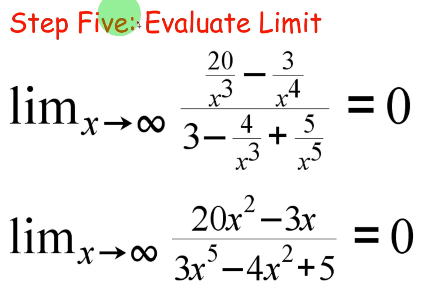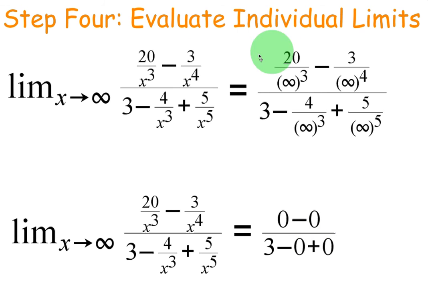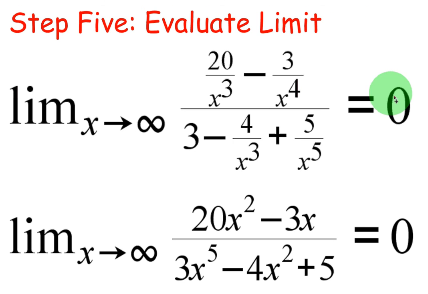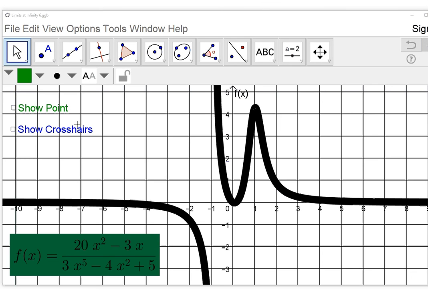So for step 5, you just evaluate the limit. Once you figure out those individual limits, then you just divide 0 over 3, and you get 0. Therefore, the final answer: the limit as x approaches infinity of 20x cubed minus 3x over 3x to the 5th minus 4x squared plus 5 is equal to 0. Okay, so here we have our function.